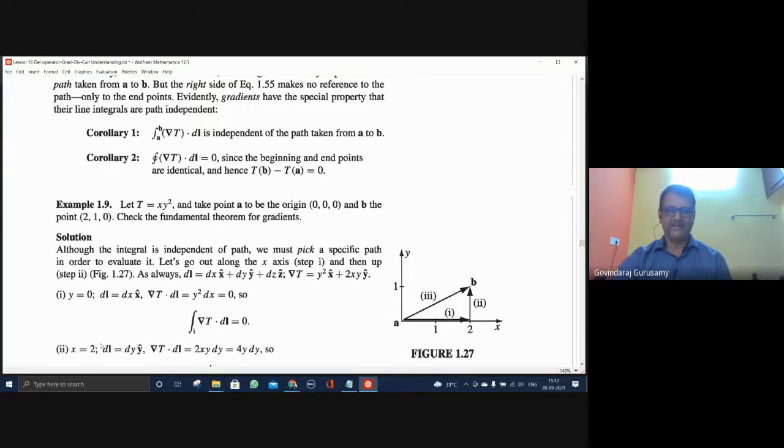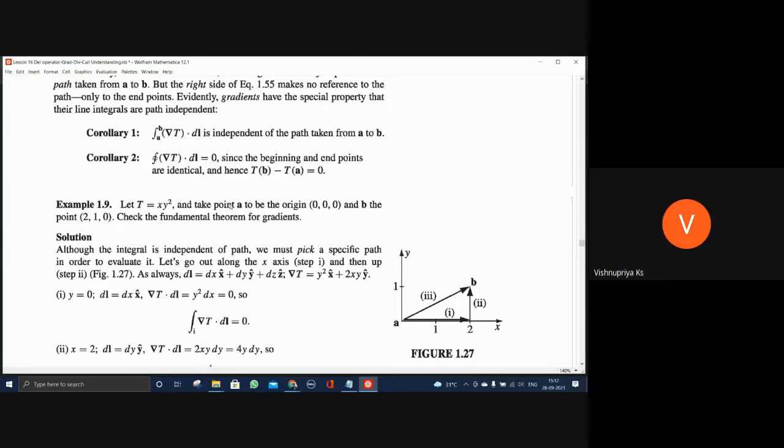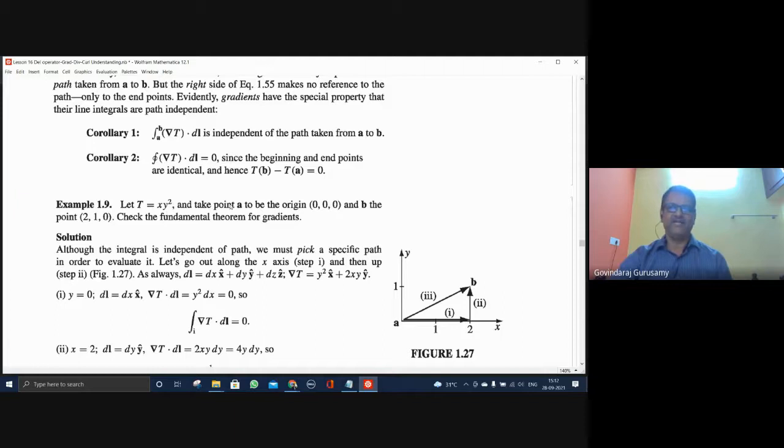What is that? Work done is zero. And work done is independent of the path. That is there in the first one. Second, over a closed path it goes to 0. Then you connected the path dl and del T in your process.